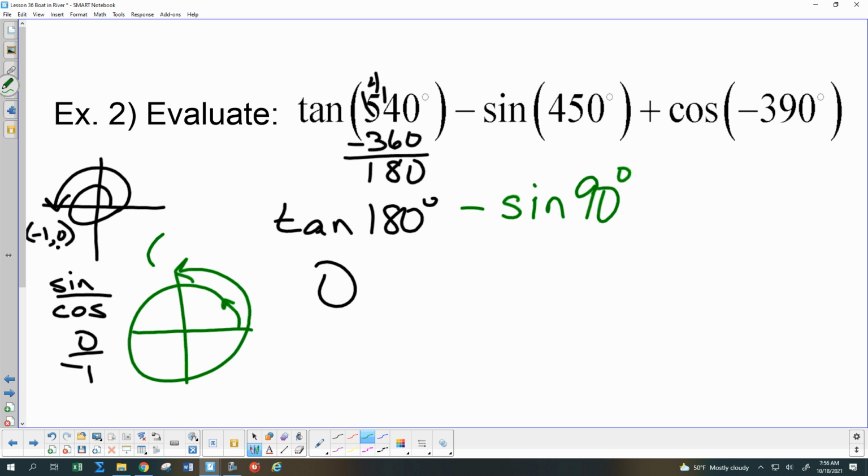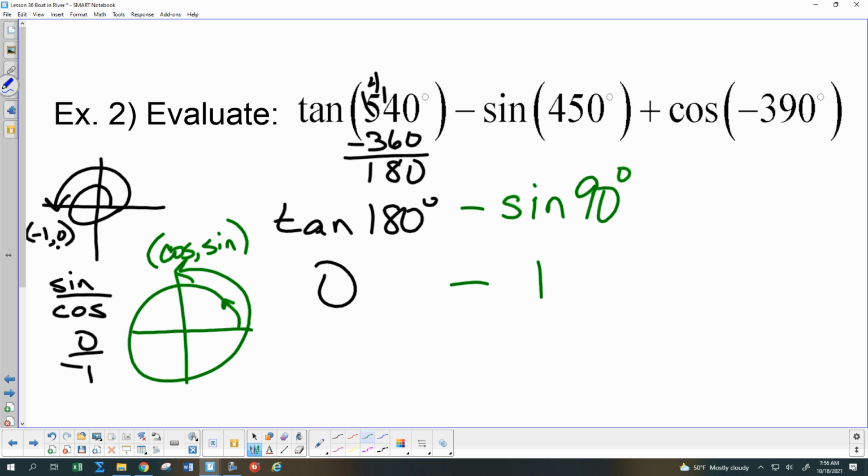If these coordinates are cosine of the angle, sine of the angle, if the radius is 1, what would be the y-coordinate there at the top of the unit circle? We would have positive 1, so we're going to have minus 1 right there.